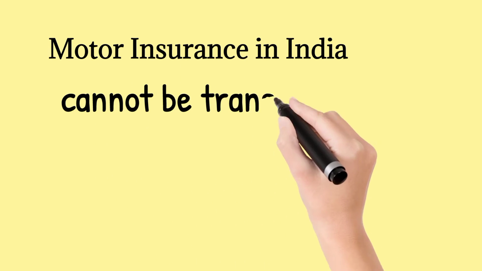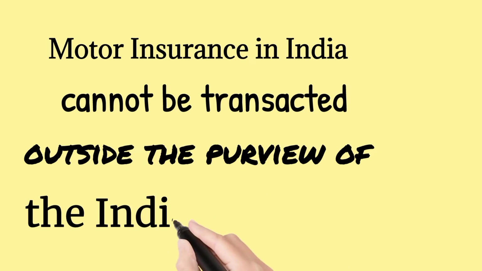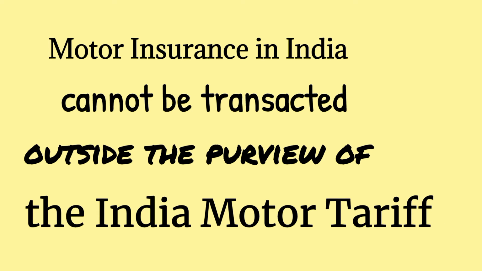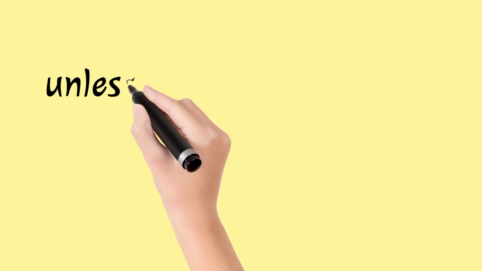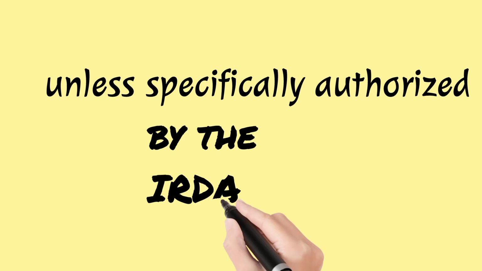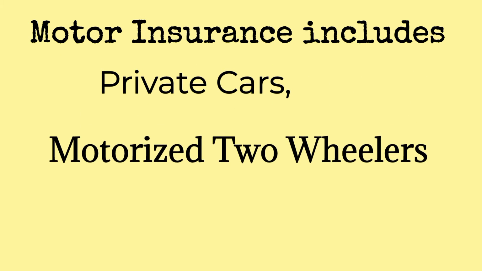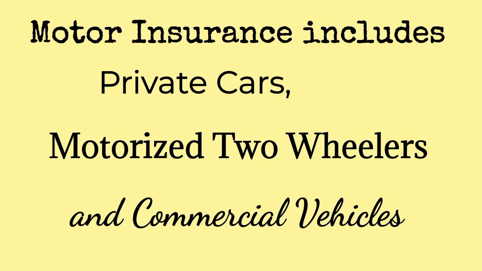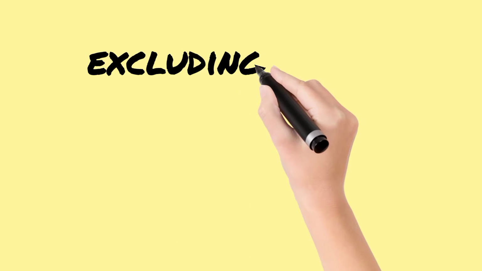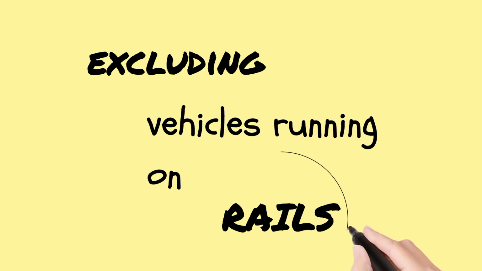Motor insurance in India cannot be transacted outside the purview of the India Motor Tariff unless specifically authorized by the IRDA. Motor insurance includes private cars, motorized two-wheelers, and commercial vehicles, excluding vehicles running on rails.